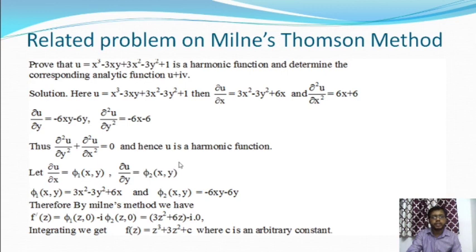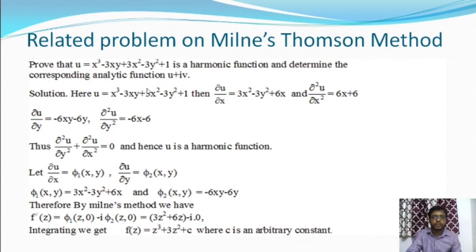And a similar thing will happen when v is analytic and satisfies the Cauchy-Riemann equation. Then from this we have to find f of z without finding u. Okay, this is the Cauchy-Riemann Milne-Thomson method.